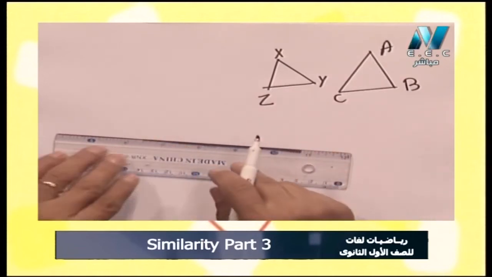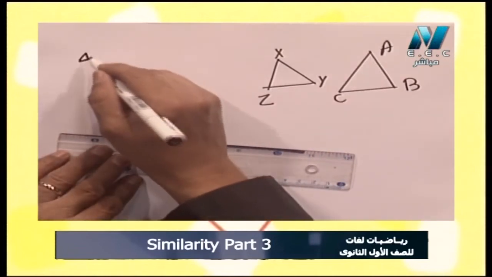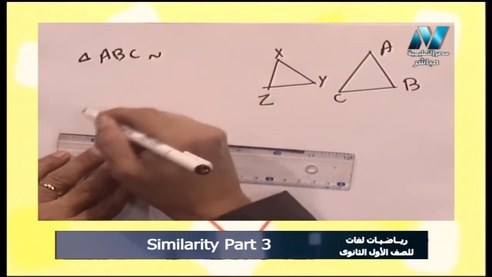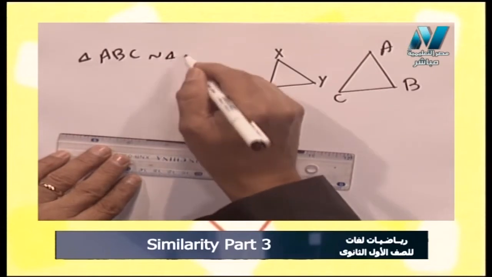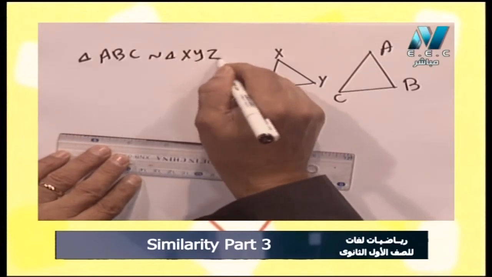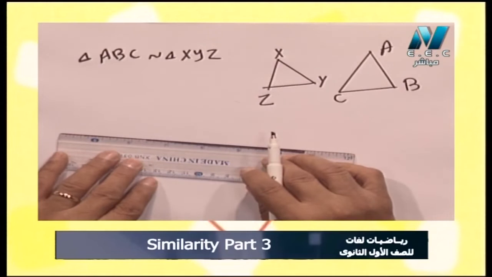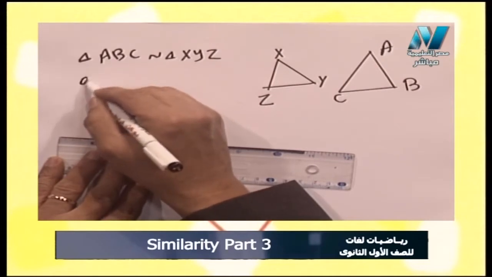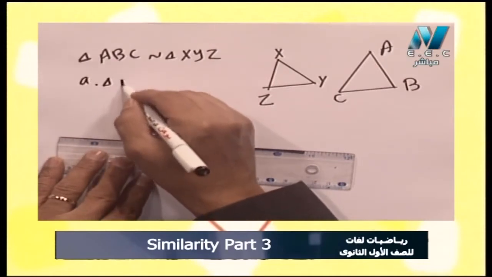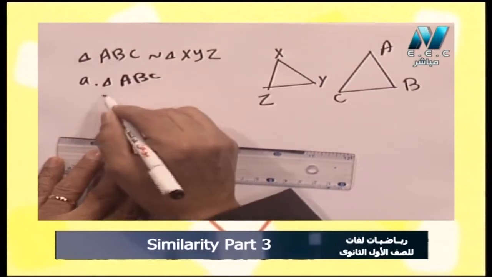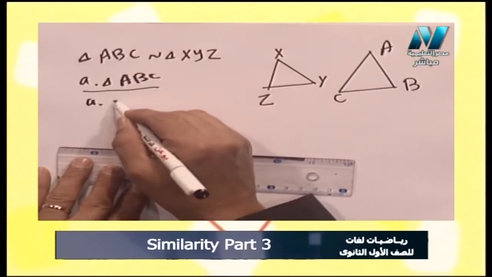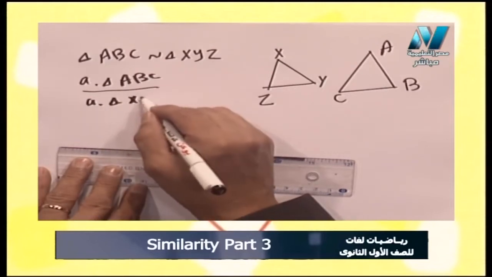So we write here triangle ABC is similar to triangle XYZ. And we want to find out the relation between the ratio of the area of the first triangle ABC over the area of the second triangle, which is XYZ.